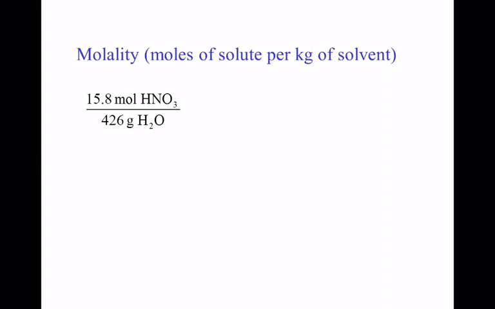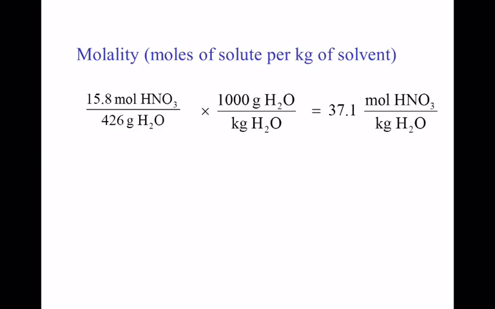So we got to fix the denominator. And we can do that by introducing 1,000 grams over 1 kilogram H2O. So now our grams of H2O cancel. We're left with moles of HNO3 per kilogram of H2O, and that's perfect. Round it to three significant figures. It looks like 37.1.